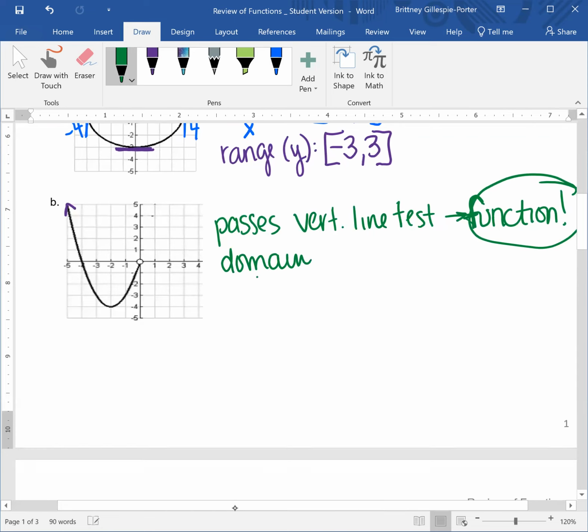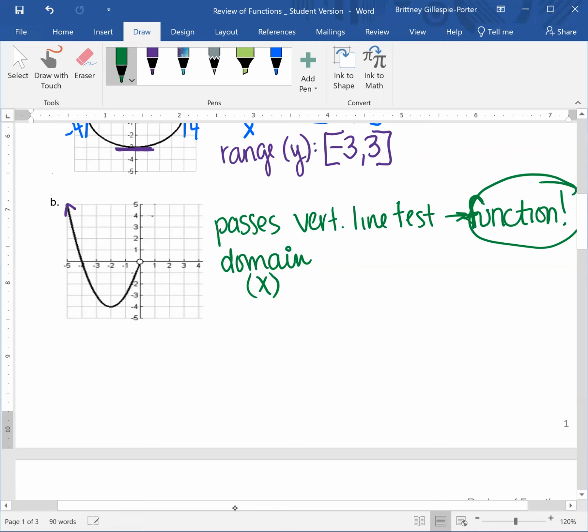Remember, domain is our x values. We're going to go smallest to largest. Remember, the smallest is to the left. We said that this graph keeps going because of that arrow at the end. So we keep going and going, which means eventually we're going to get where x is negative 10, and then where x is negative 100 and negative 1,000.